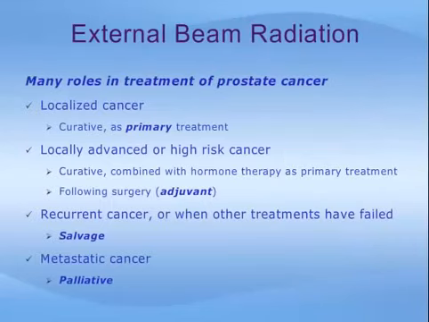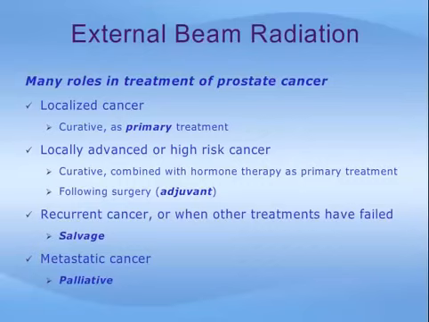As you can appreciate from the previous slides, external beam radiation has many roles in the treatment of prostate cancer. For localized prostate cancer, it can be used as primary treatment for cure. For locally advanced or high-risk cancer, it can be used in combination with hormone therapy, also with the goal of cure or at least control as primary treatment.